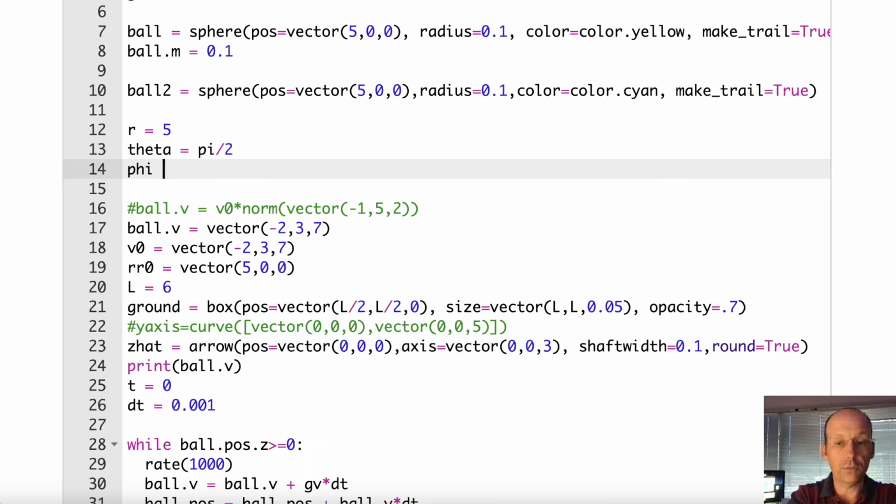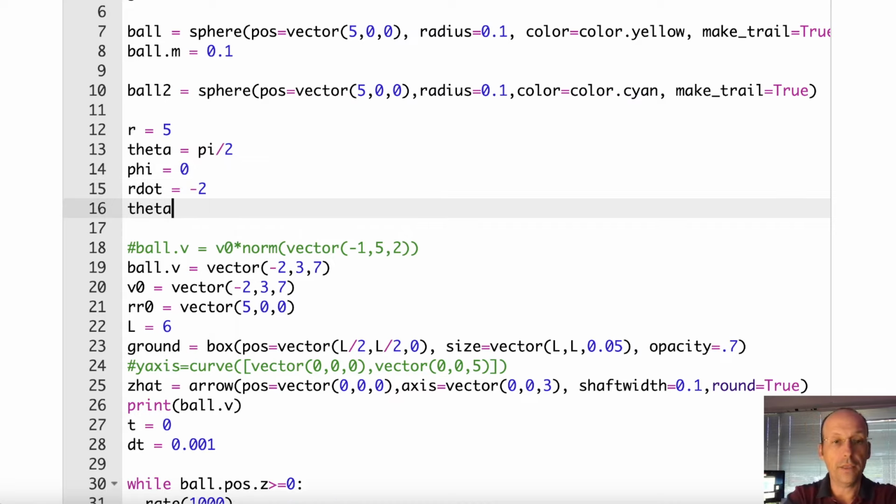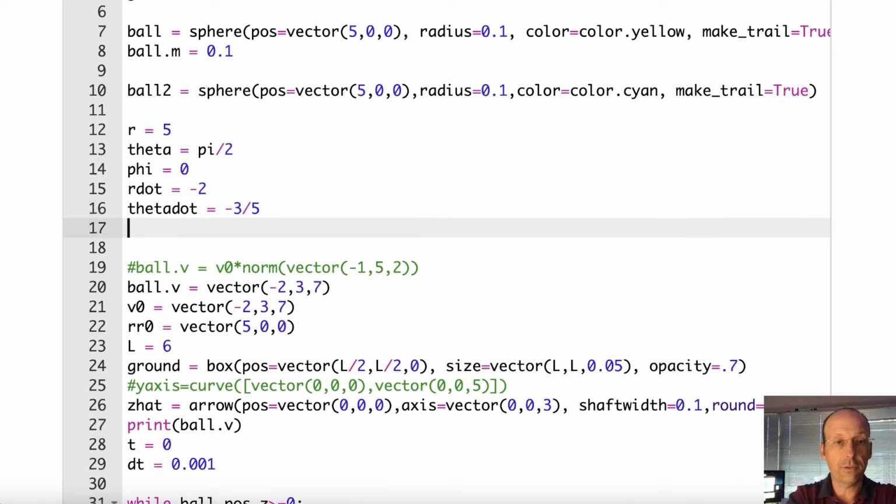Phi is equal to 0. These are the initial values because I'm putting them at the beginning. Now I need r dot. R dot is going to be equal to -2. Theta dot is going to be equal to -3/5. And phi dot is equal to 7/5. So that's what I need.